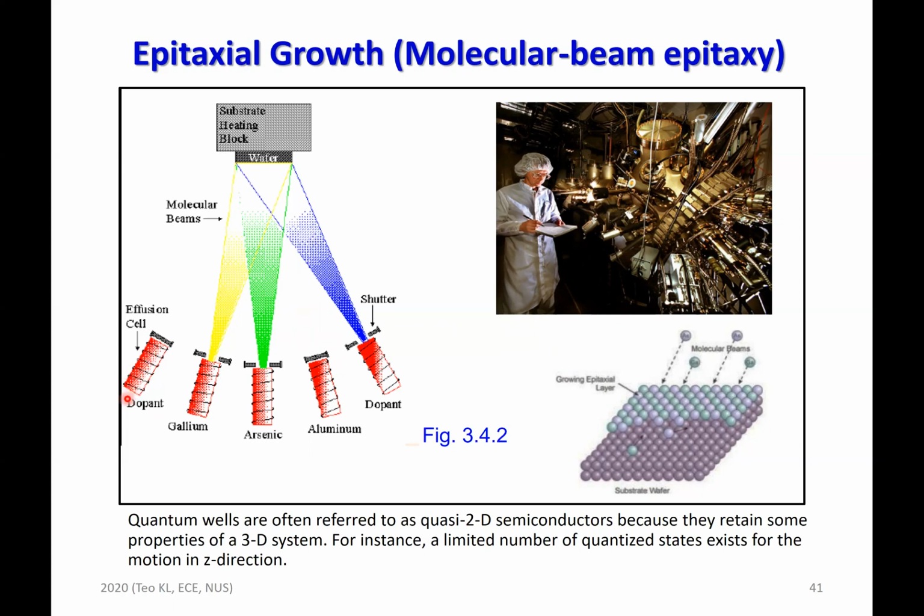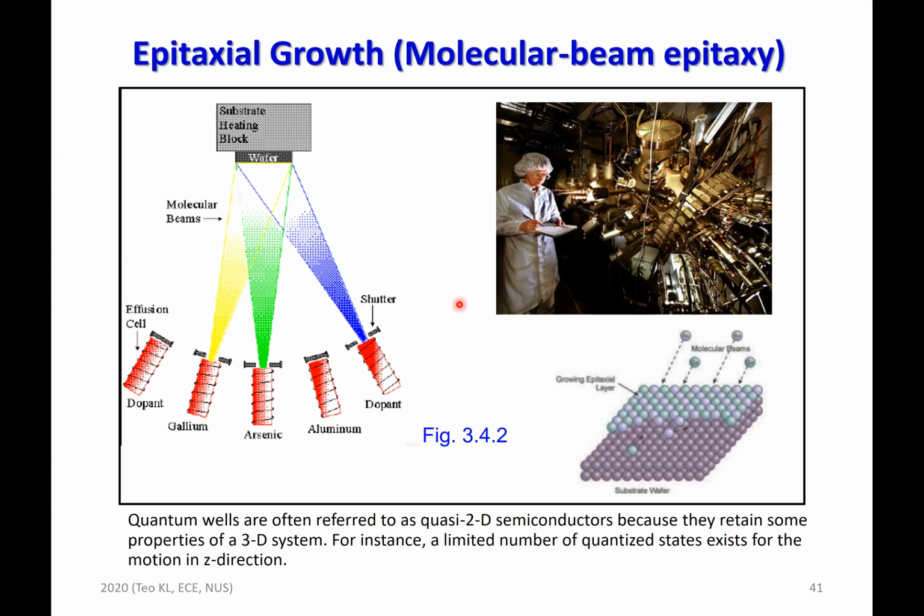This diffusion cell is connected to some kind of heating element in order to heat up the material. You can see the diffusion cells all around here, and this is the deposition chamber.